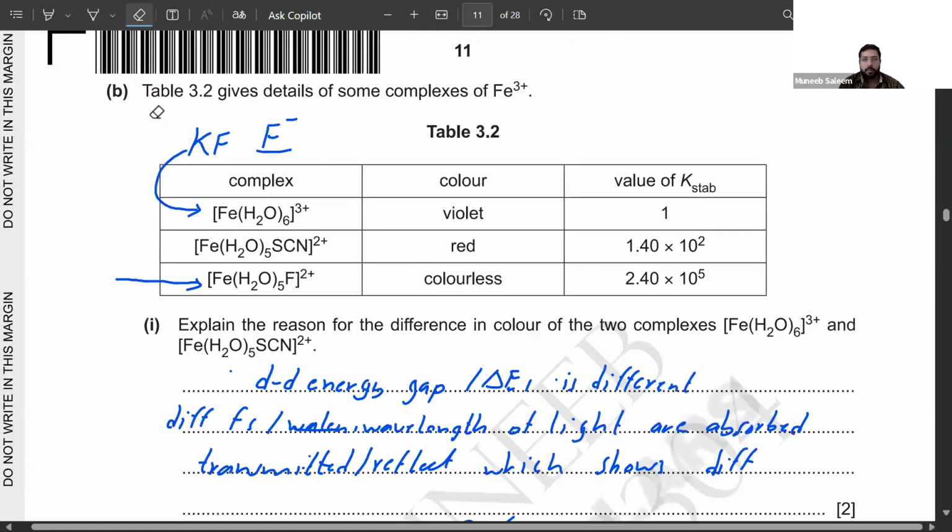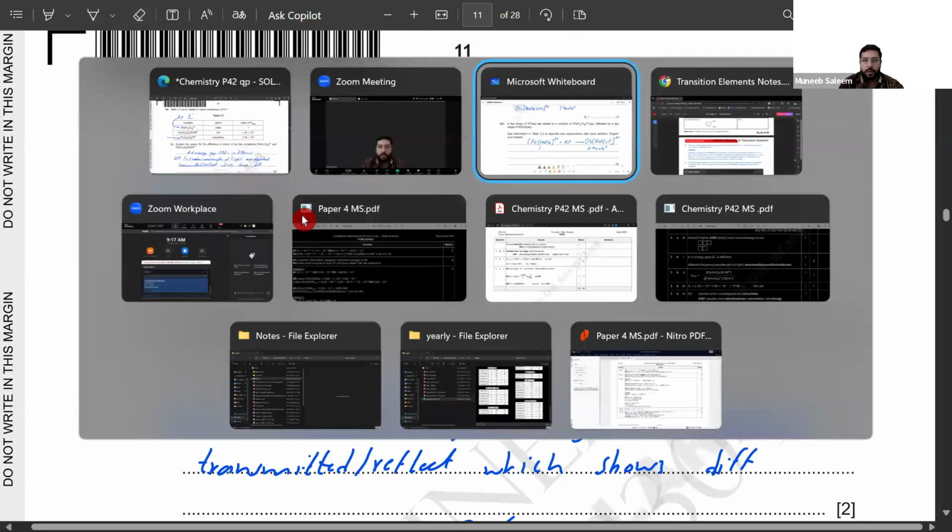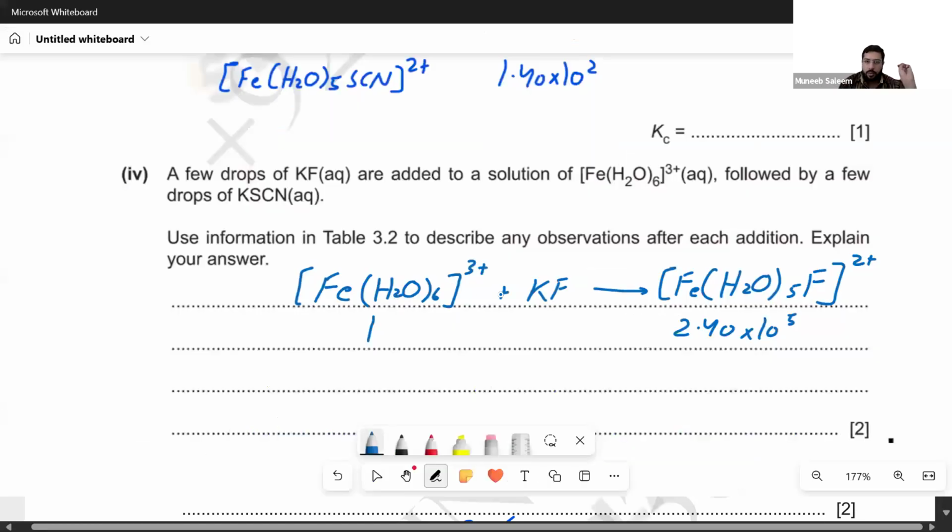So now we have constructed an equation here, the equation between this and the KF to make the compound. Now this is a complex which is formed here.